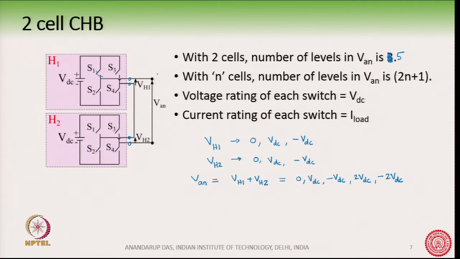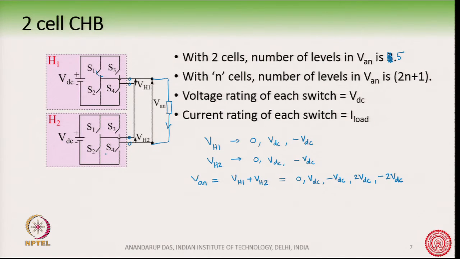I mean, suppose we connect a load here across VAN, then this load current will flow, it can flow through any of these 4 switches, and it can also flow through any of these 4 switches based on the switching combination.